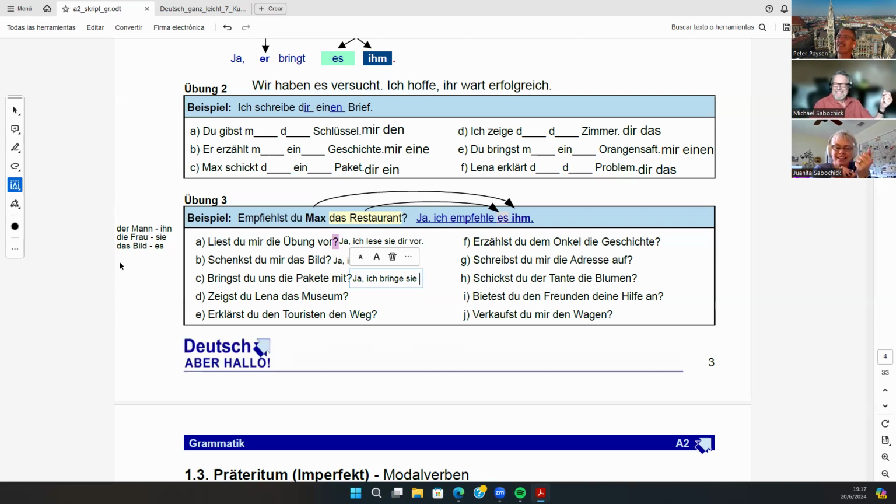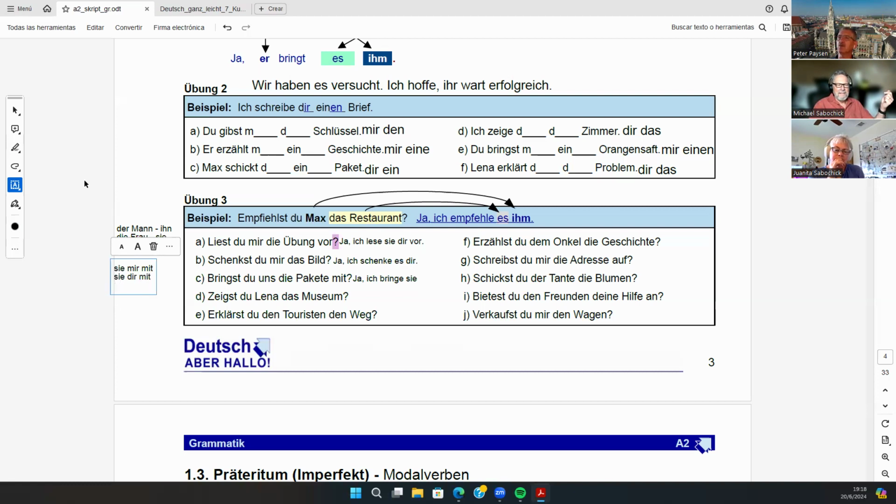Is it uns, wir? Okay, so we have Accusative. Ja, ich bringe sie mir mit. So I bring it to me. Ich bringe sie dir mit.